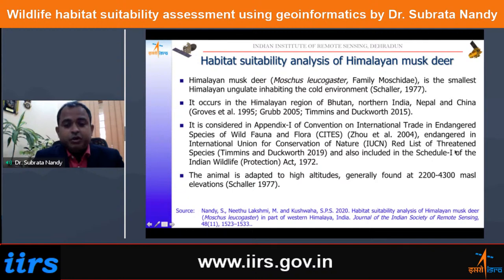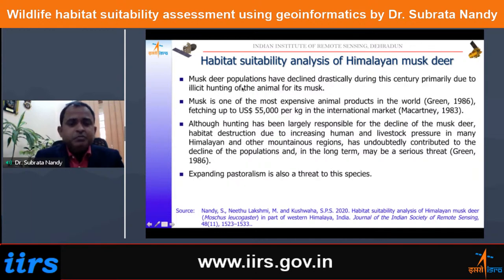It is also included in the wildlife schedule on species. This animal is generally found at high altitudes, generally from 2,200 to 4,300 meters. The musk deer population has declined drastically, mainly due to poaching for its musk. I got a very old reference where it says per kg of musk is around US $55,000 in the international market.